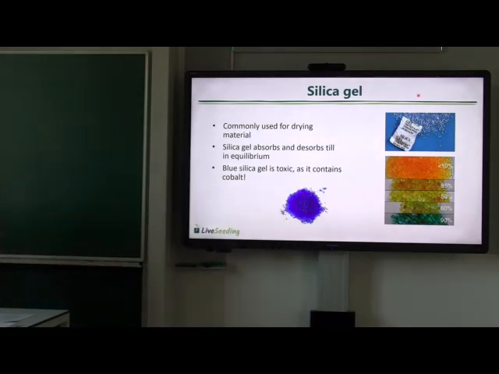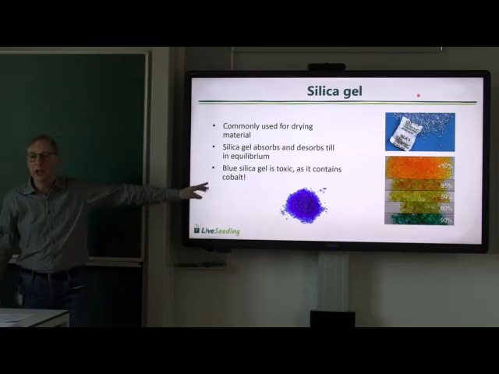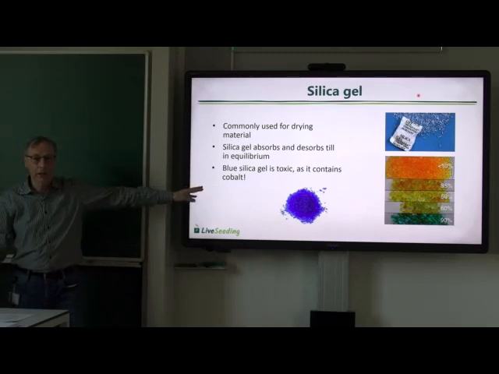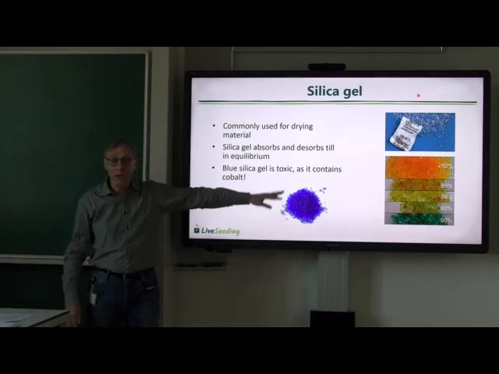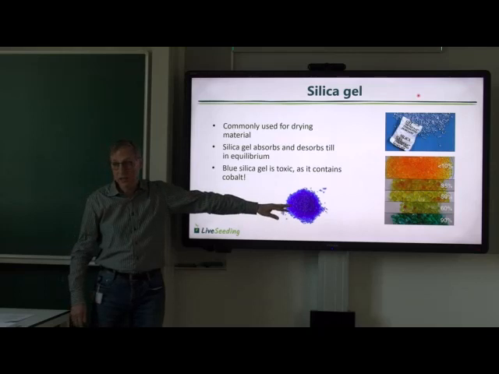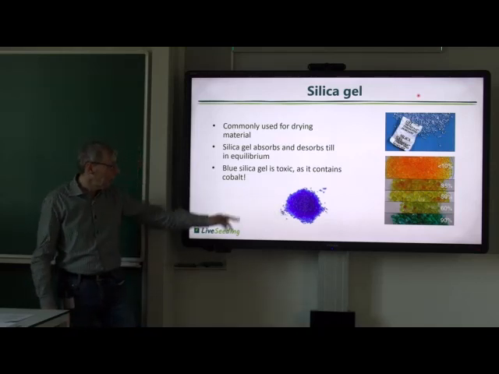In the past, maybe George remembers it, and Frank also, we had blue color silica gel. That contains cobalt. In the European Union, we are no longer allowed to use this because it's a heavy metal. So it had one advantage.